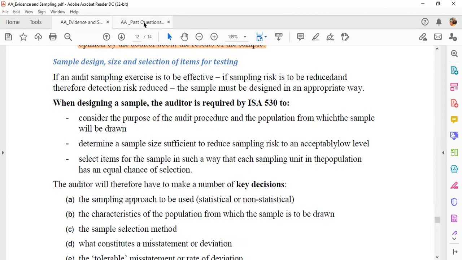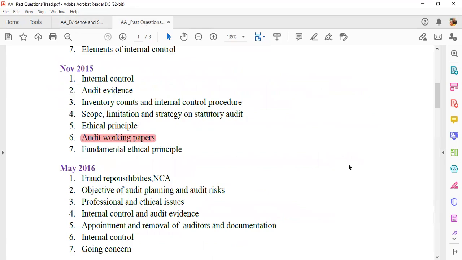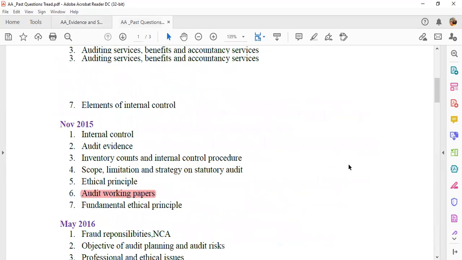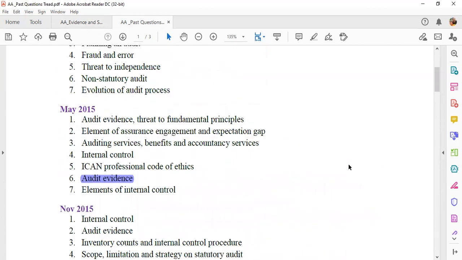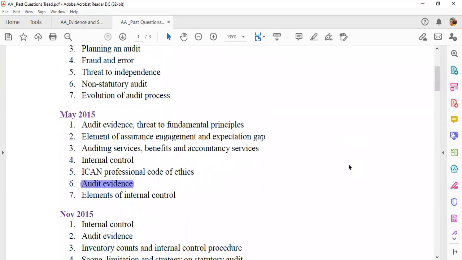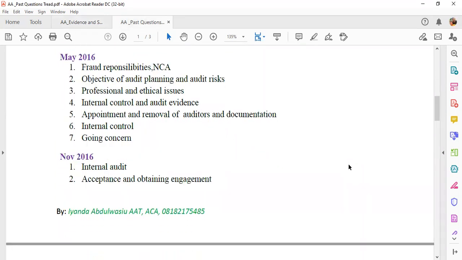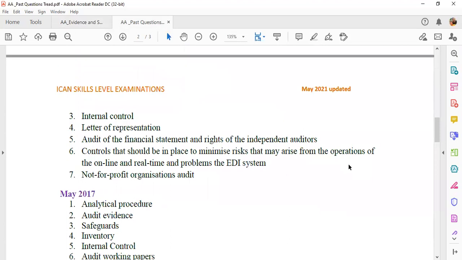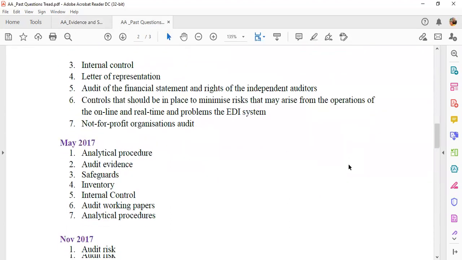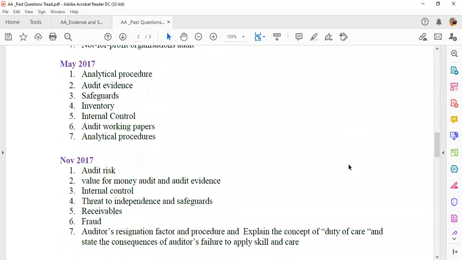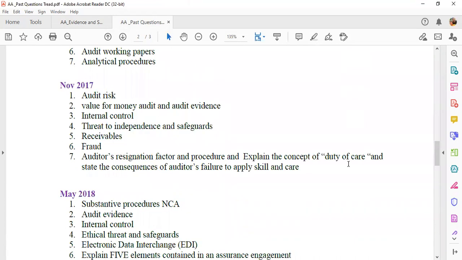Before I continue, let me take you to one particular diet where this aspect was also examined, so that you are able to see it as well. This is a very important topic for your exam that you need to pay attention to very well.